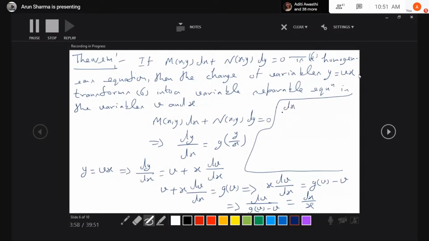So dx upon x plus dv upon v minus g of v equals to 0. So if you see, this is variable separable type.